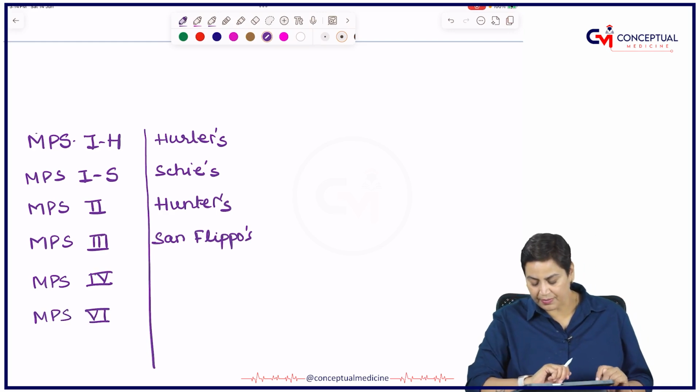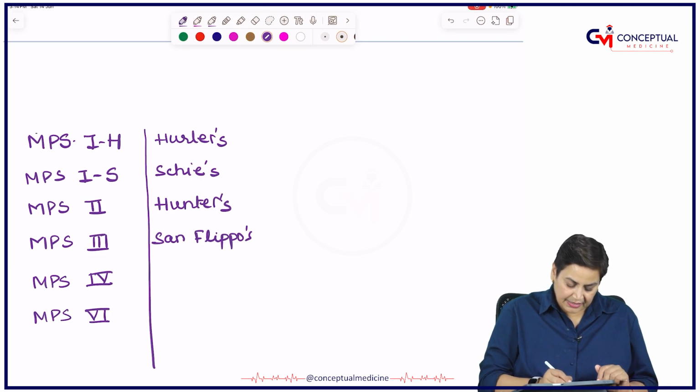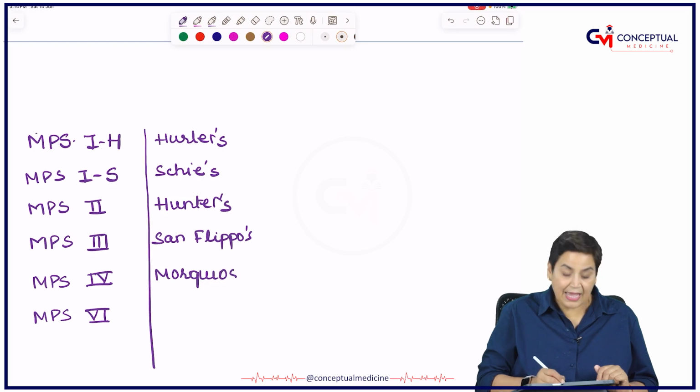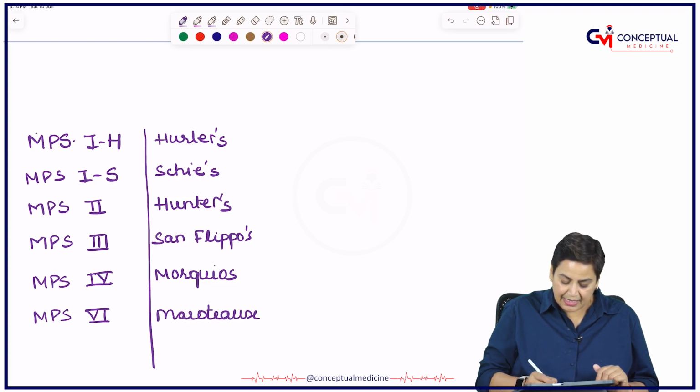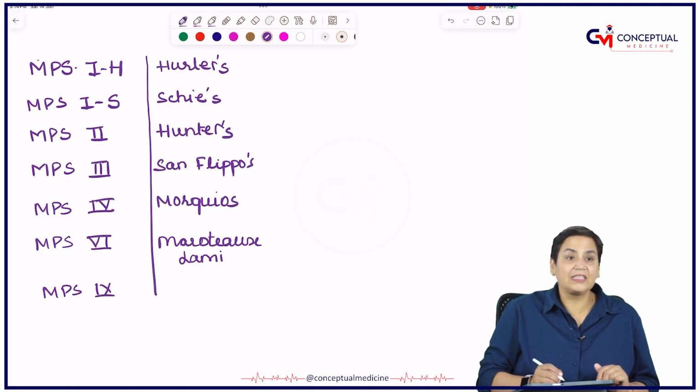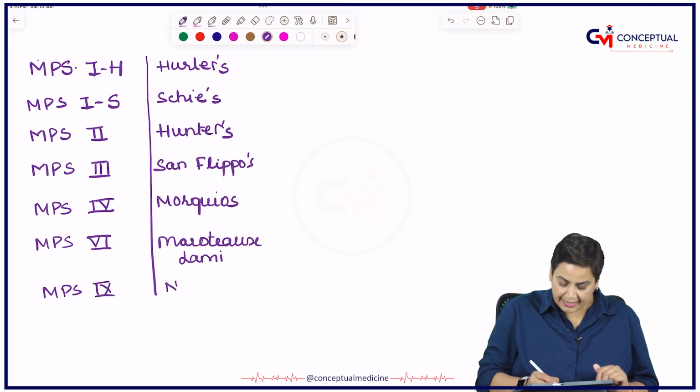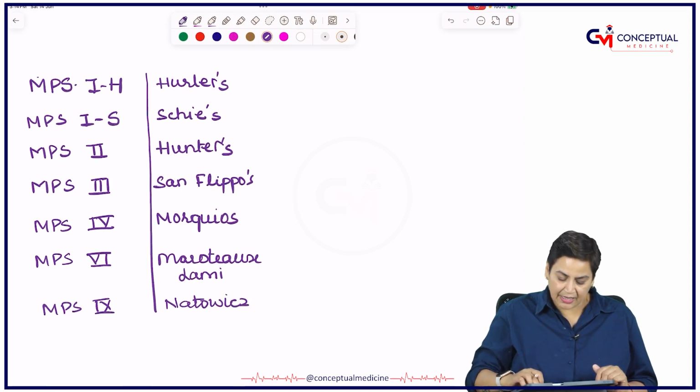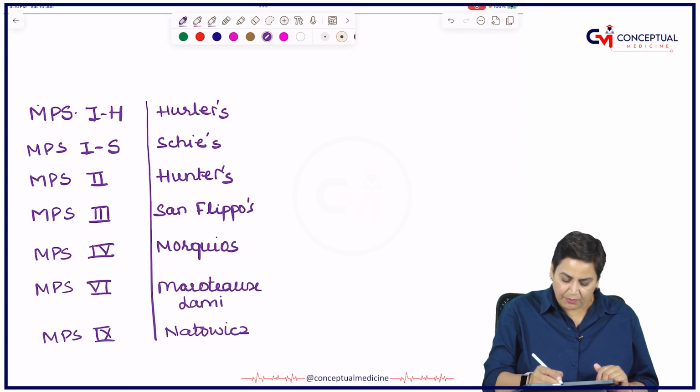MPS 4 is Morquio syndrome, and 6 is Maroteaux-Lamy syndrome. One more has been there, MPS 9, which is Natowicz syndrome, N-A-T-O. So these are the different types of mucopolysaccharidosis.